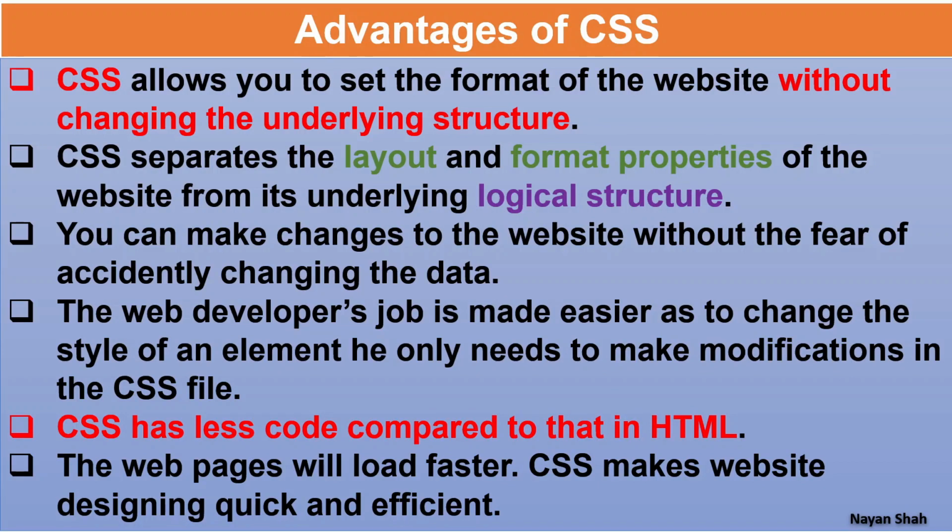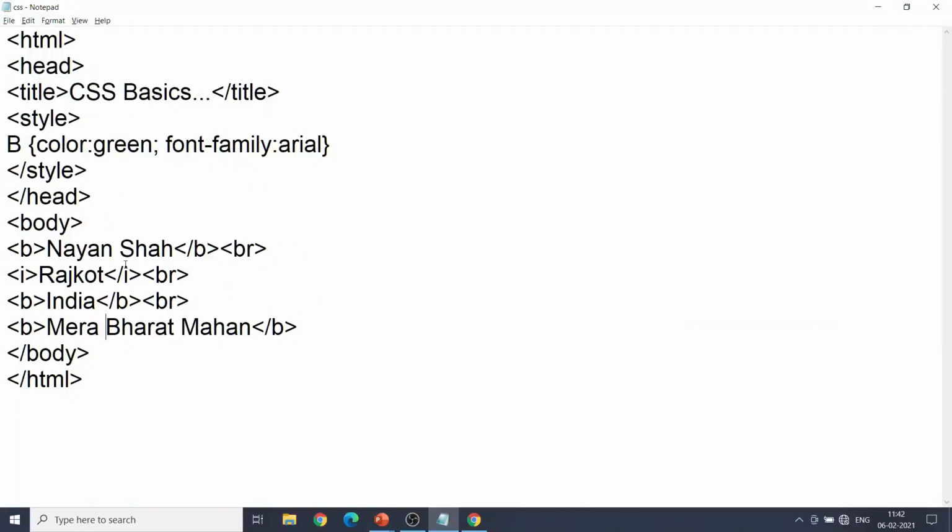CSS has less code compared to that in HTML, you know that. Otherwise you need to repeat the same code again and again. But because of CSS, as you can see, all this code, how to change color, how to change font, is now reduced. You don't need to write that code for this text or even for this text.